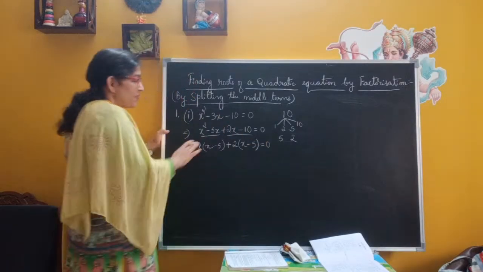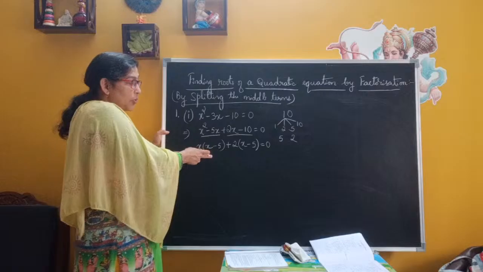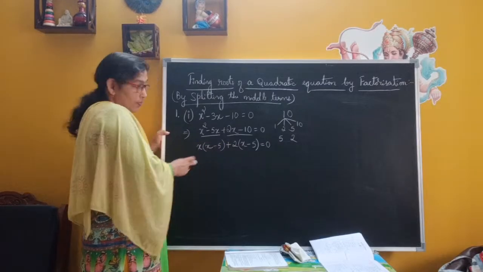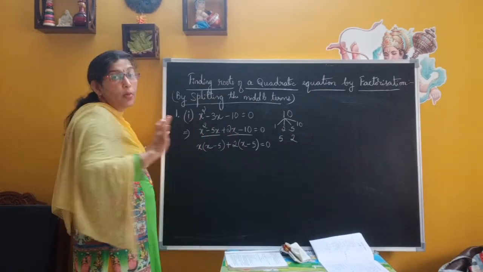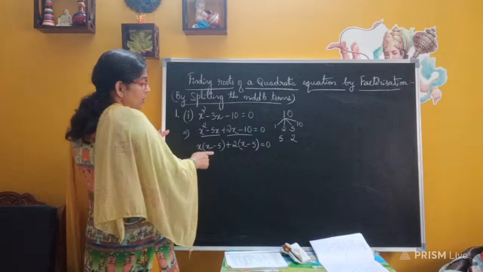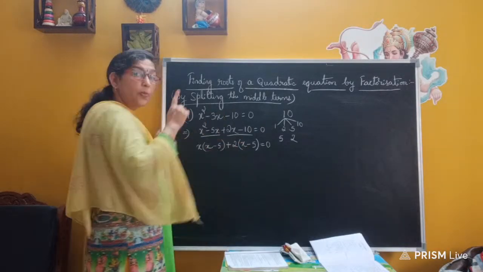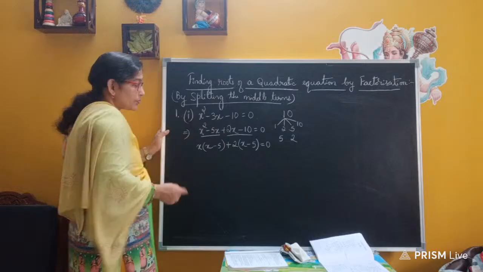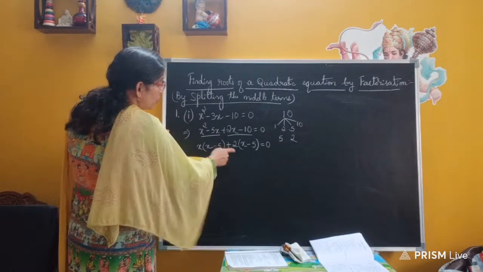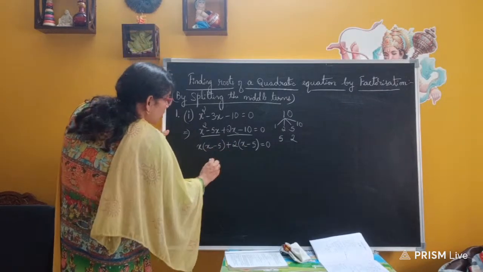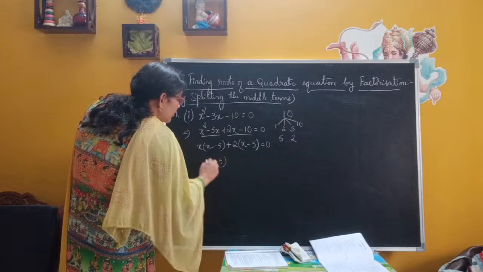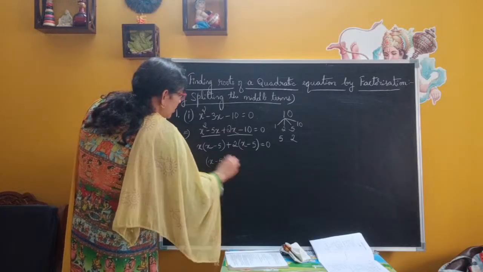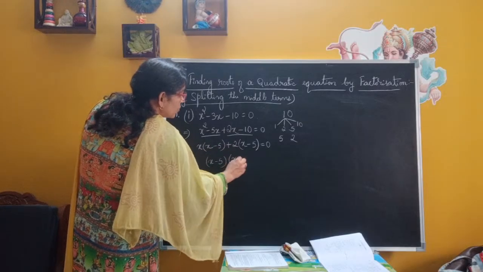An easy trick is, in this step after grouping, we should get one common factor. The binomial must be a common factor. So x minus 5, x minus 5. If there is no common factor, you have made a mistake somewhere, so I have to check once. So x minus 5 is common. Let me write x minus 5 and x plus 2.